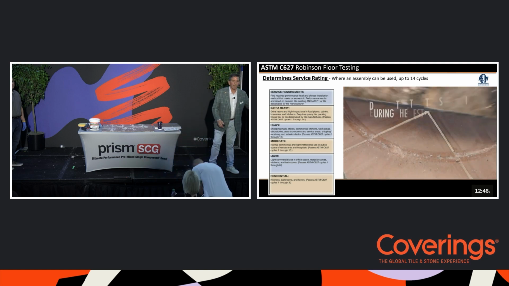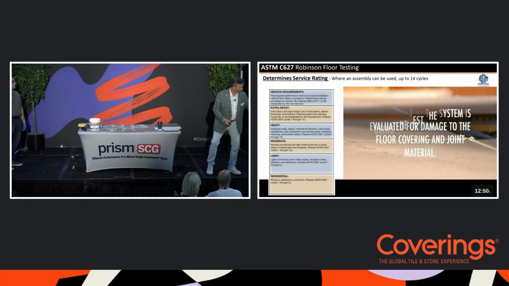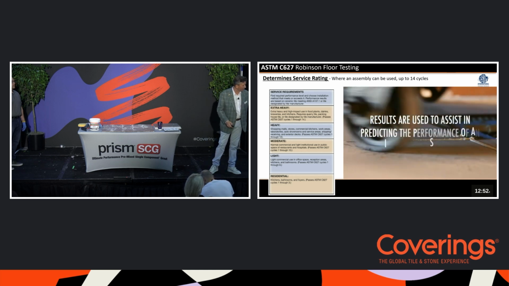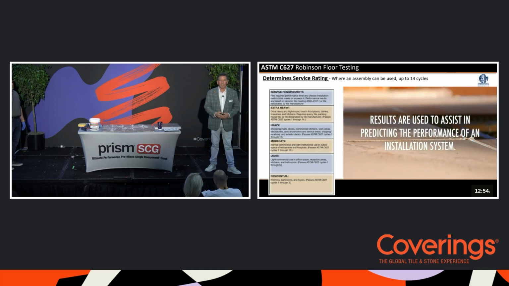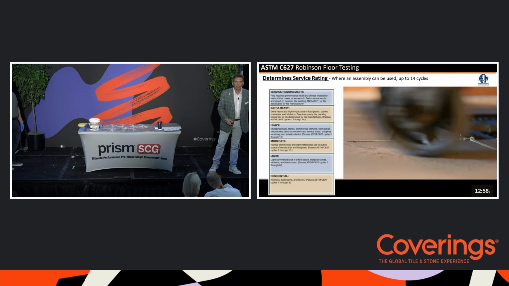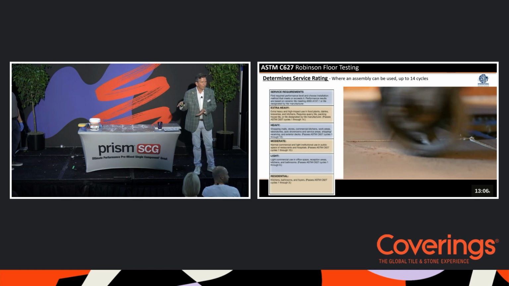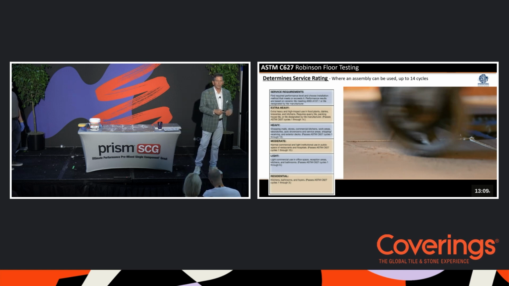So we know the stresses would be at a low level, like a residential application, and then as we add more weight and change the wheels, move all the way through extra heavy. And so we've created these categories, and we've created the facility types that would be included in those categories. So now we know which grout, which tile, what type of assembly has passed these tests and should work just fine in these different types of facilities.